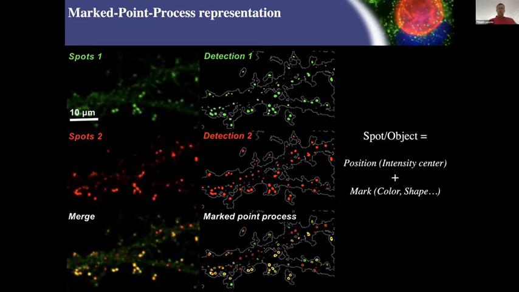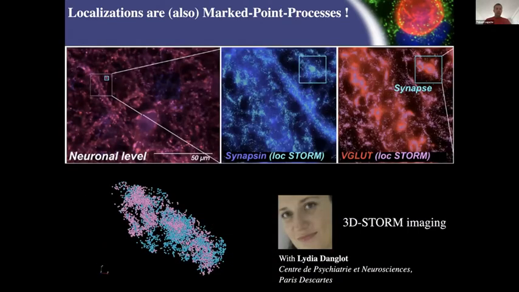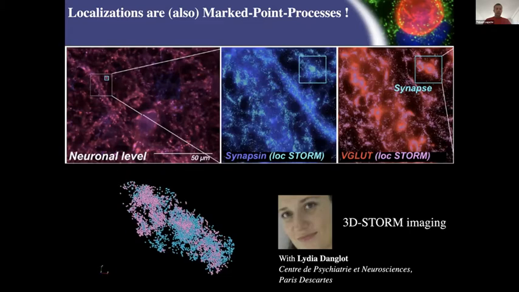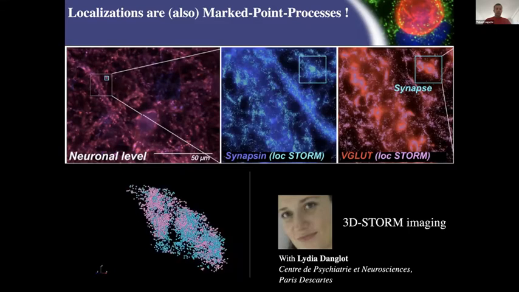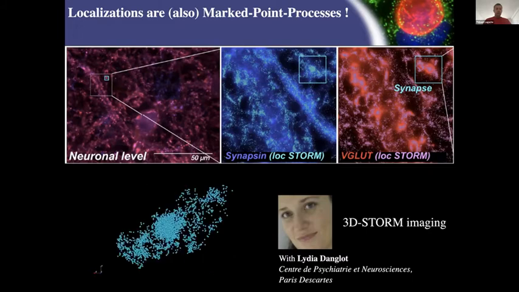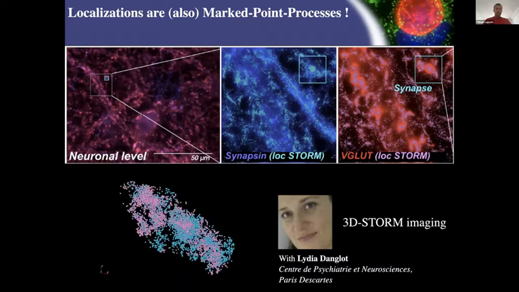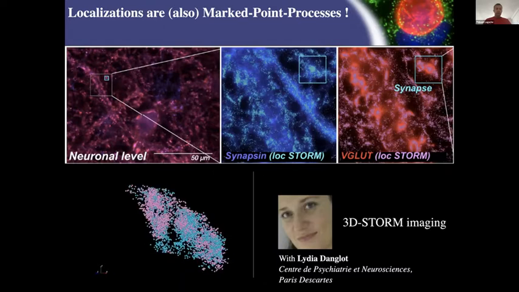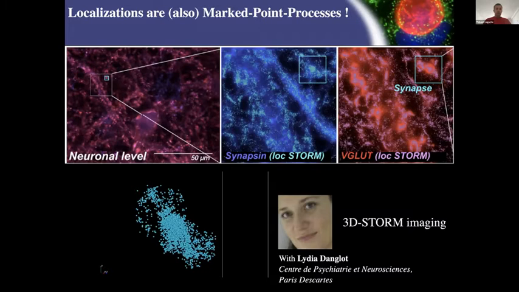And I forgot to say that typically the localizations in super resolution microscopy, in SMLM, are per se some marked point processes, because typically you have a color and a position. And this is an example of some synaptic molecules that have been imaged with 3D STORM by Lydia Danglot at the Centre de Psychiatrie et Neurosciences, the Neuroscience and Psychiatry Center in Paris.